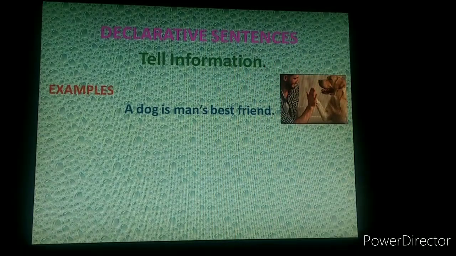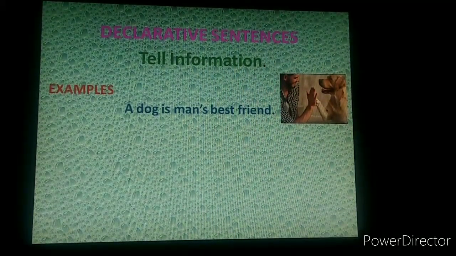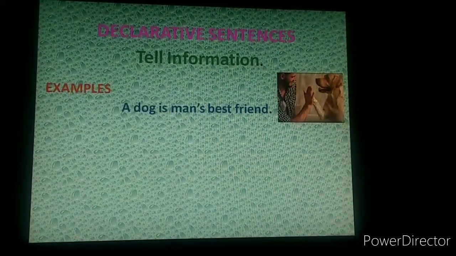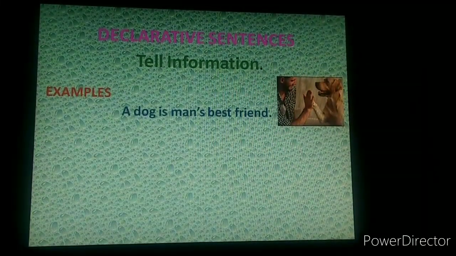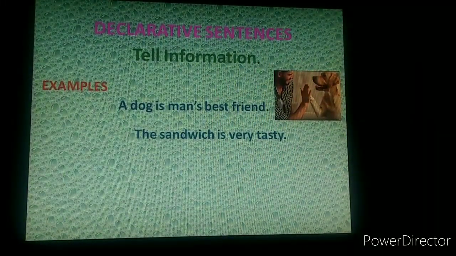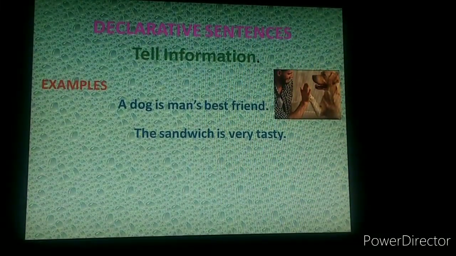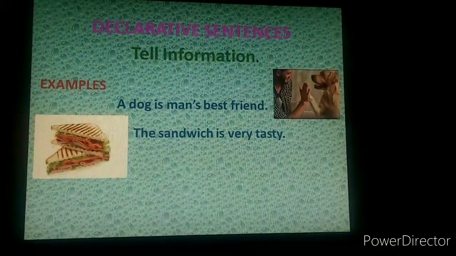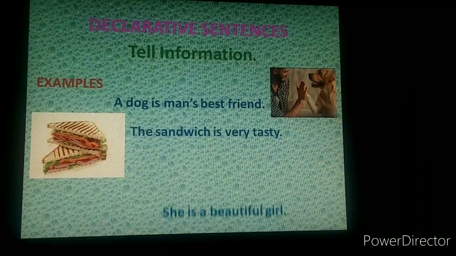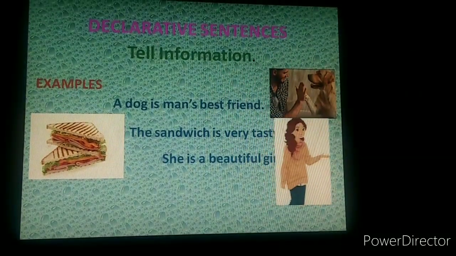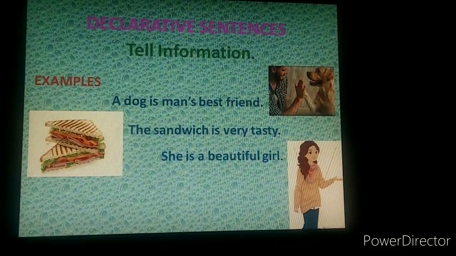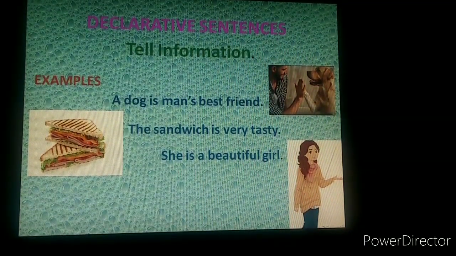Here we are talking about the dog and we are simply giving the information that it is a best friend. So this is a declarative sentence. Likewise, "The sandwich is very tasty." Here we are giving the information that the sandwich is tasty. Likewise, "She is a beautiful girl." So, declarative sentences are those sentences which give us information.